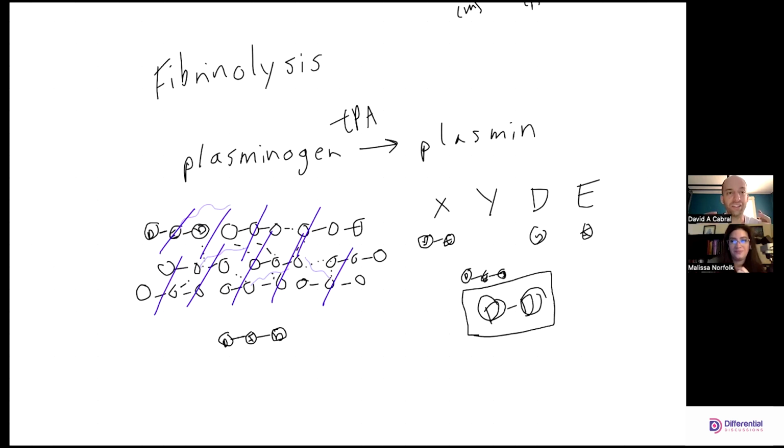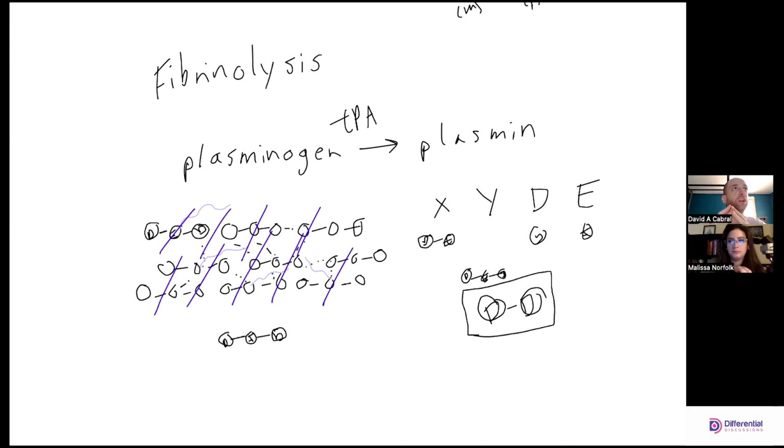That's why the D-dimer assay is so integral to interpreting physiological status, right? This directly correlates to the fact that there was coagulation that took place and fibrinolysis took place. This is the only way chemically for this to happen, right? Yes. Beautiful.